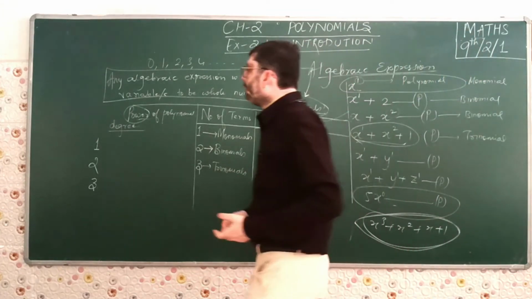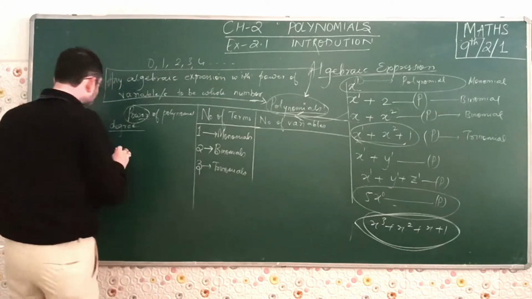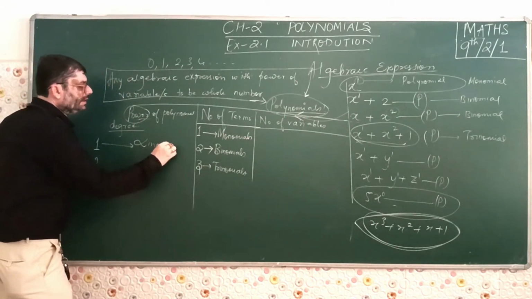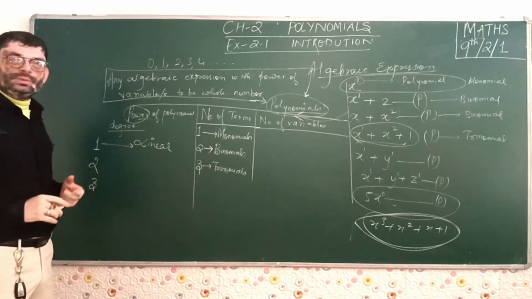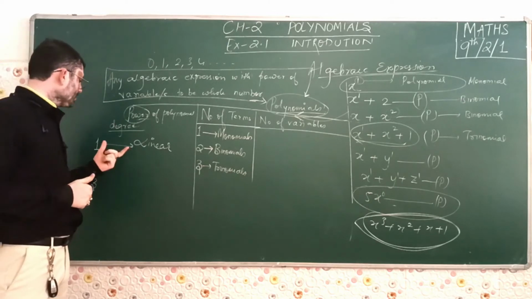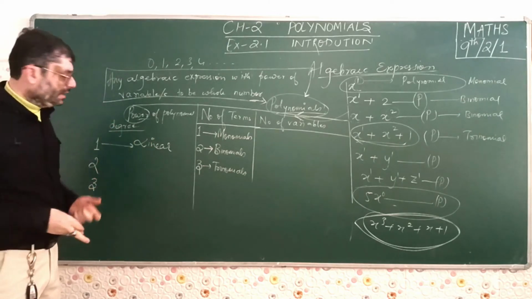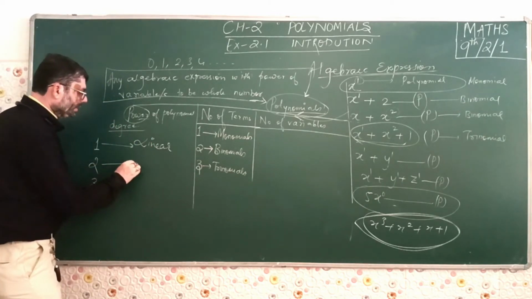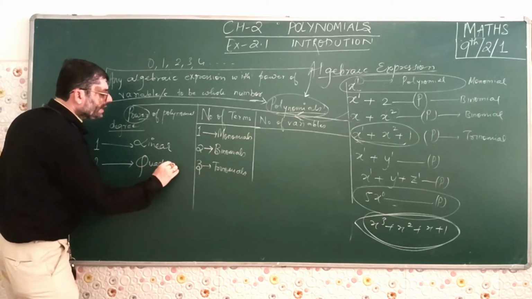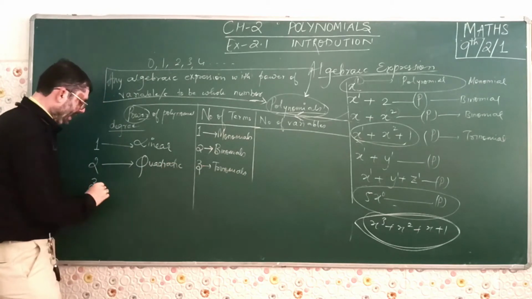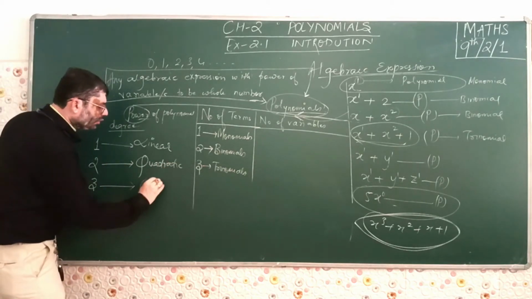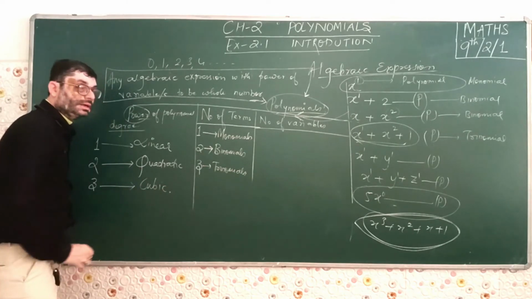Let us see. If a polynomial has the highest degree 1, we call it a linear polynomial. A polynomial with degree 2 is considered to be a quadratic polynomial, and a polynomial with degree 3 is called a cubic polynomial.